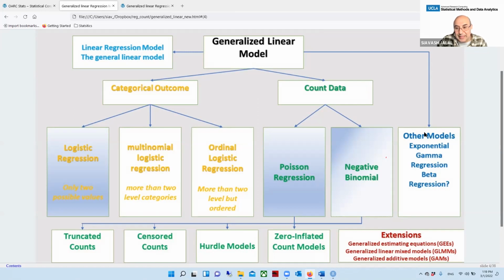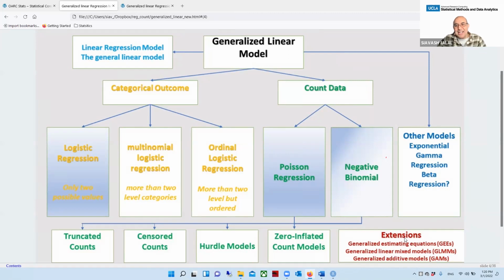There is good documentation about all those models in Stata. In R, you have to read the documentation, read the function, read the paper that the library or package comes from.